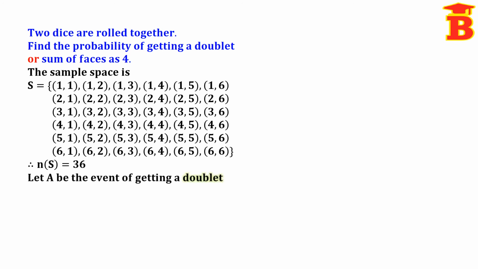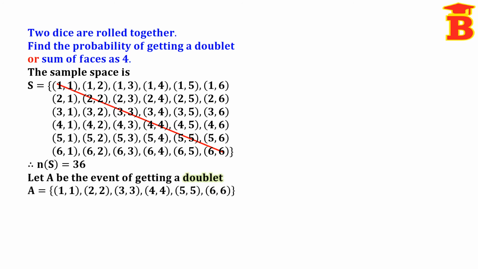Take the first event A. So A be the event of getting a doublet. Doublet means same numbers. That means just take this diagonal: 1, 1, 2, 2, 3, 3, 4, 4, 5, 5, 6, 6. So same elements in a pair is called doublet.